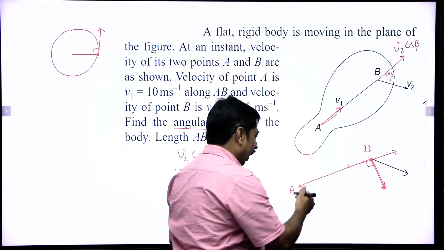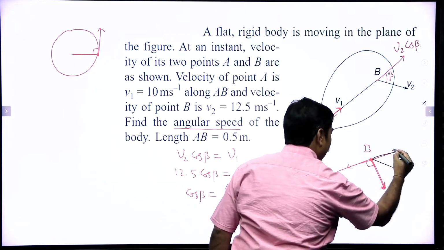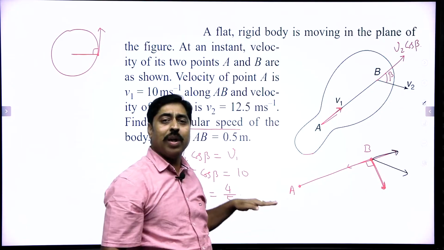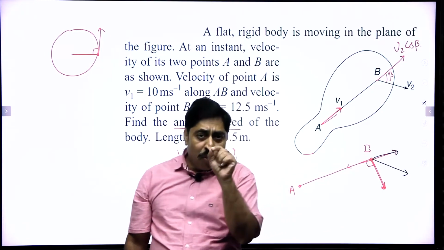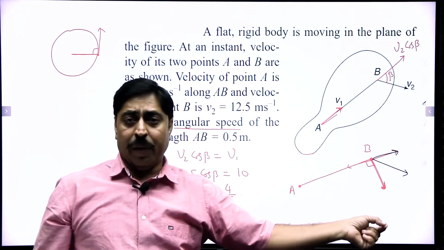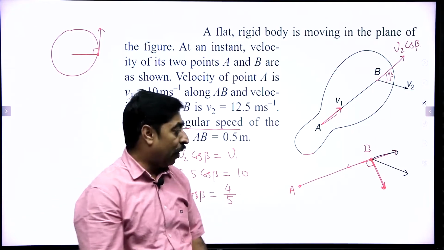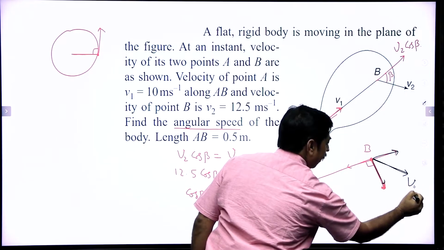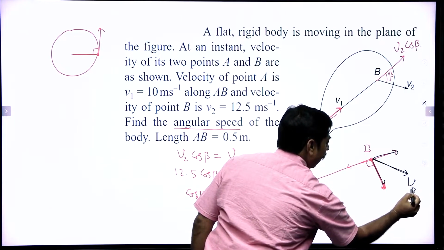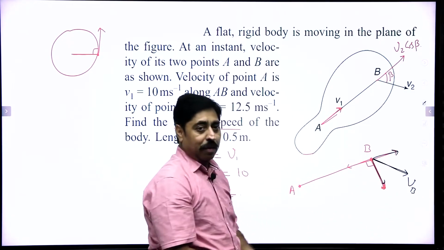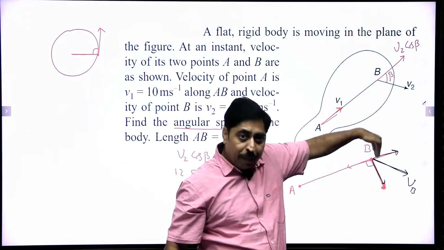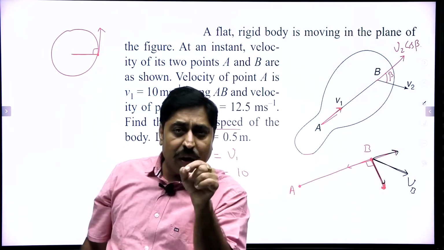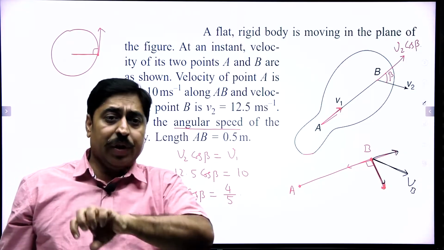The velocity component along the line joining AB is responsible for moving point B away from A or towards A. But the component of velocity of B perpendicular to line AB is actually responsible for rotation.